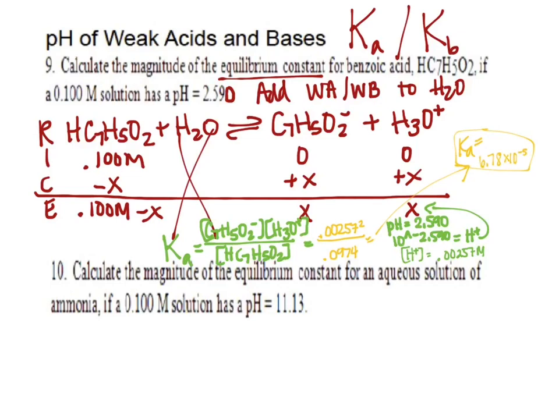Let's do another one. Calculate the magnitude of the equilibrium constant for an aqueous solution of ammonia, if a 0.1 molar solution has a pH of 11.13. So this is a base. Take your ammonia, NH3, add it to water. We know one of the things we better get is OH minus, and therefore we should get NH4 plus.